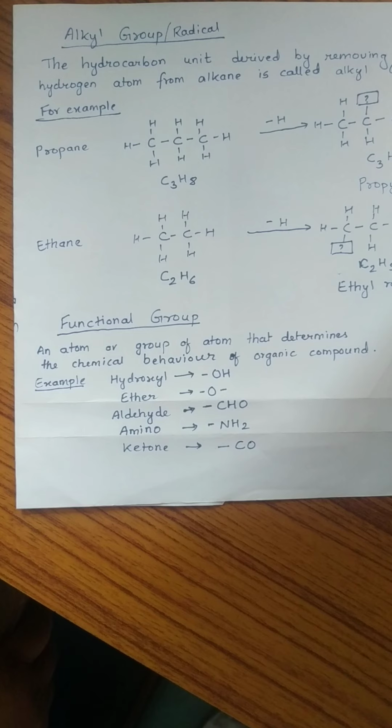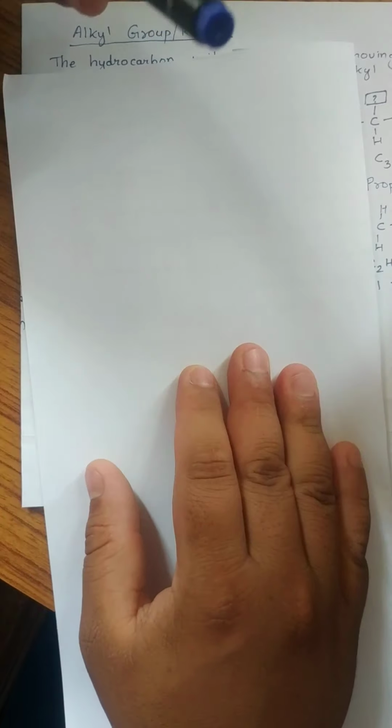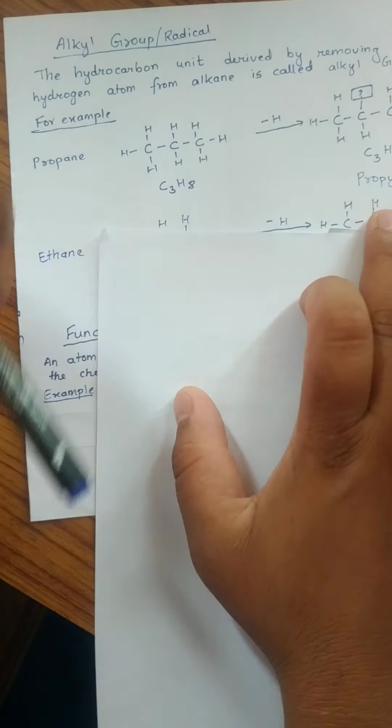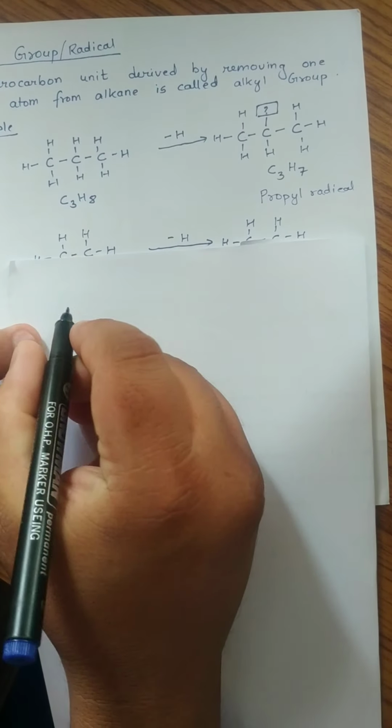I'll show you how it can be formed. Look at this. Let's take a radical. We have made a propyl radical here. This propyl radical will be used. Look at this.